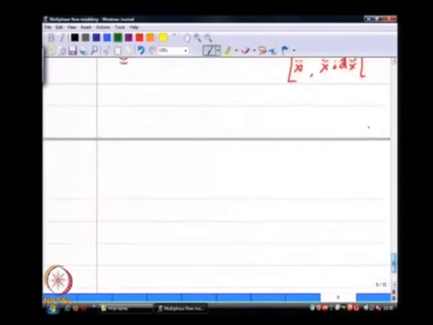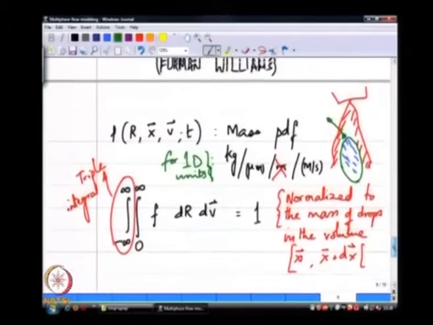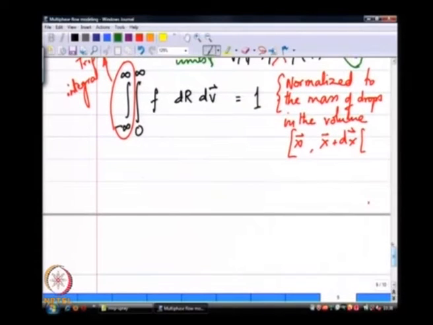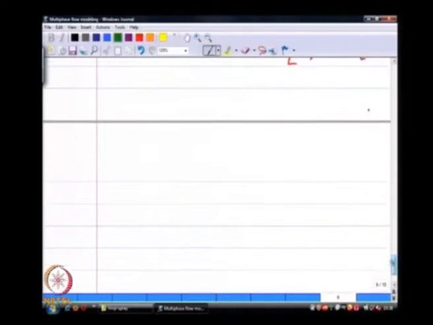If I am not dealing with the spatial coordinate explicitly as being part of my PDF, that is, I am not interested in how the mass is distributed, a probability density of mass distribution spatially, but I will treat space just like time and take a snapshot. So, this is how we did our earlier discussion.